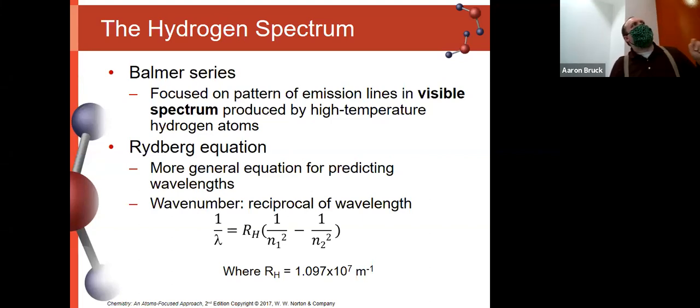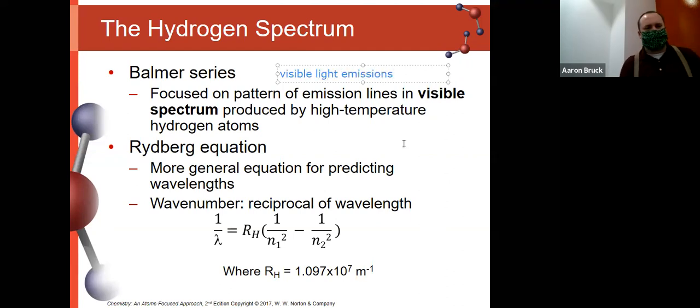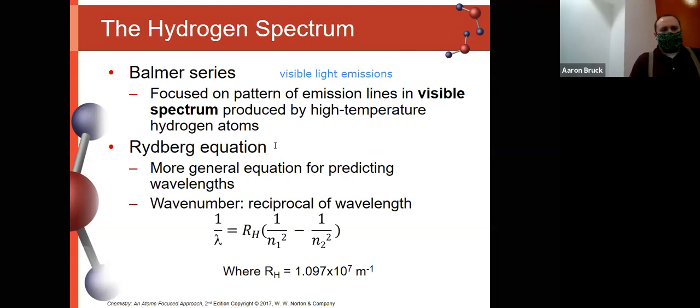And there were ultimately 2 different series that were investigated. There was the Balmer series, and the Balmer series focused specifically on the visible light emissions. And the Rydberg, which focused primarily on the ultraviolet light emissions.